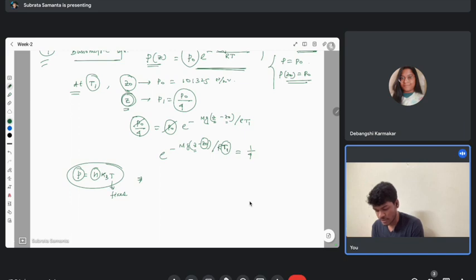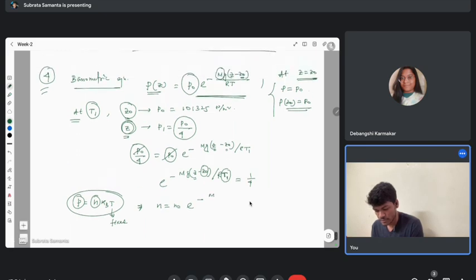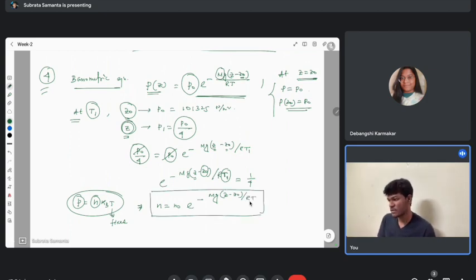N equals N0 e to the power minus M g (z minus z0) by R T. So in a similar way we calculate how the number density changes.